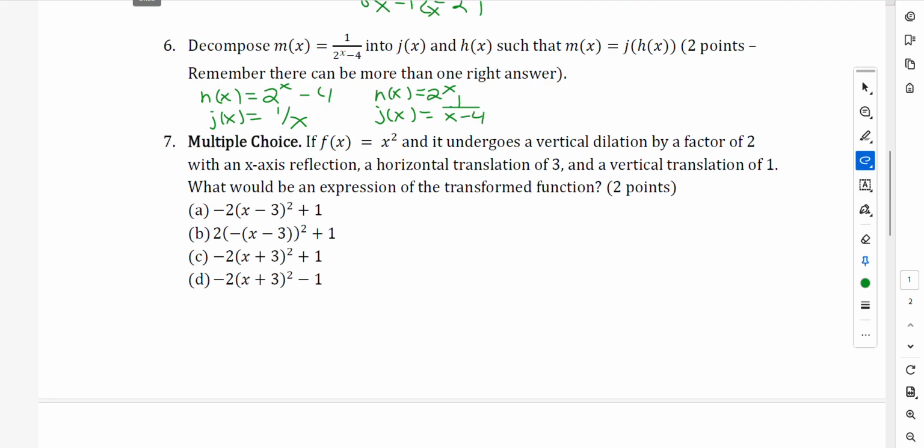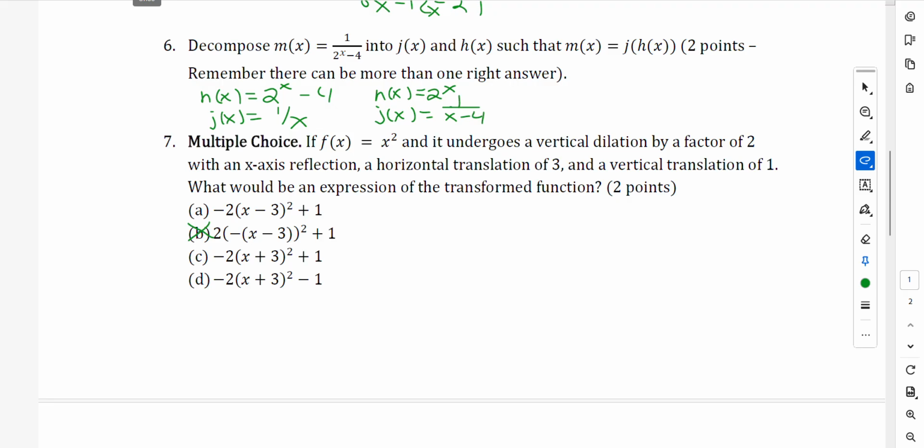Number 7, I gave you a function and 4 different transformations. The easiest one to eliminate, because it says an x-axis reflection, was b. The negative on the inside is a y-axis reflection, because that's talking about drawing like this. Horizontal translation of 3 means I'm moving right 3.